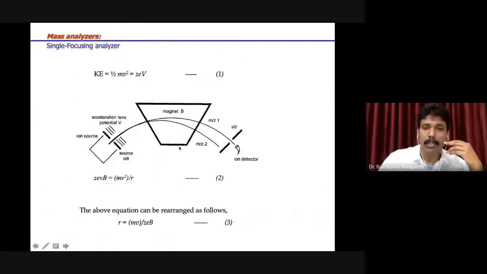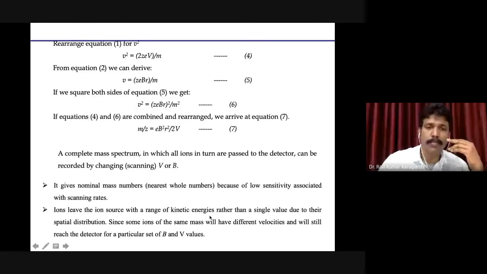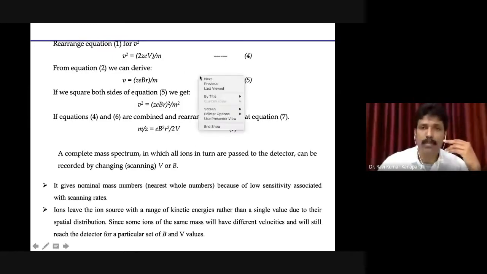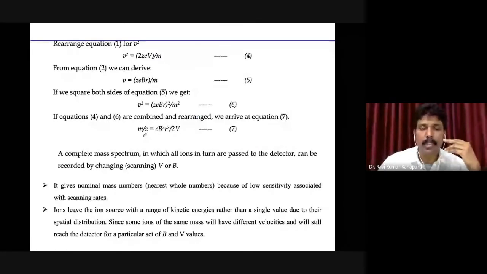In the previous expression, this is equation number 1, and then equation number 2. From equation number 2, we can derive this radius. Using these 3 equations, we can go on deriving a small expression for the m by z value and the factors that influence it.